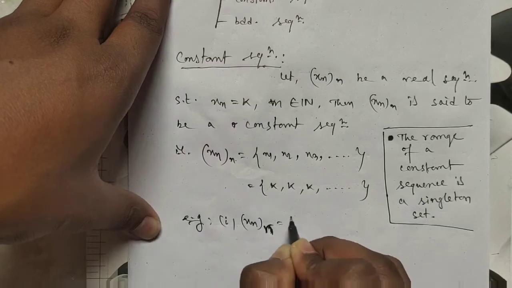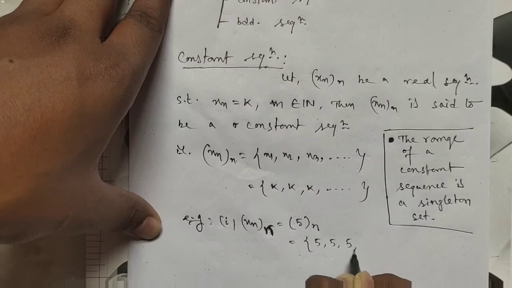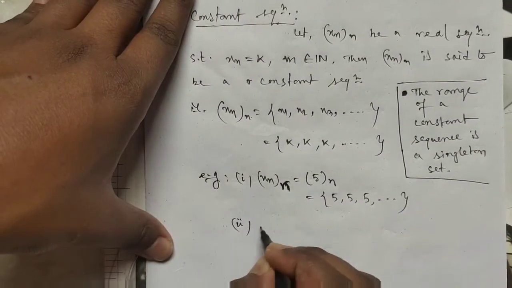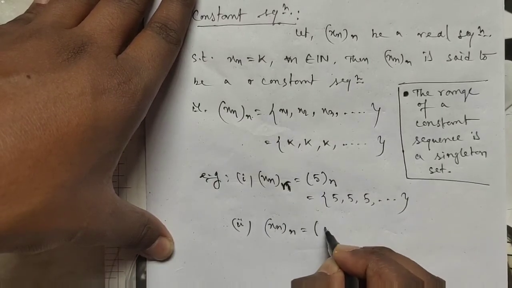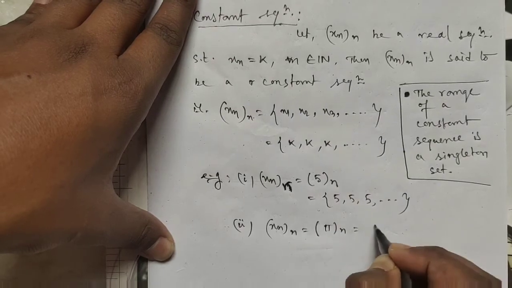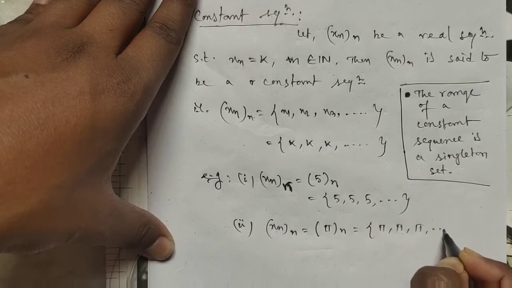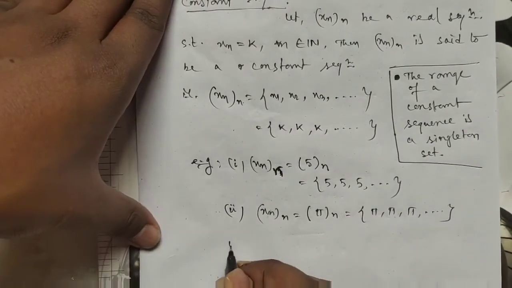Here are some examples of a constant sequence. Number 1, xn equal to 5, that is 5, 5, 5 and so on. This is a constant sequence. Number 2, xn equal to pi, this is a constant sequence.